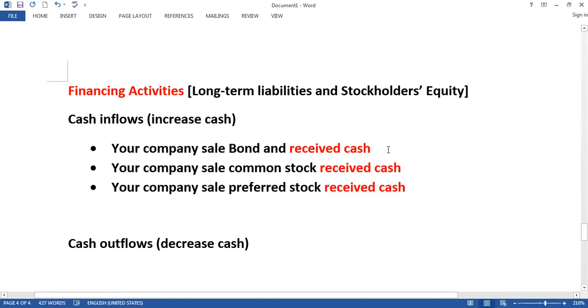So when your company sell bond, it is called long-term liabilities. And when your company sell common stock, this part is about stockholders' equity.